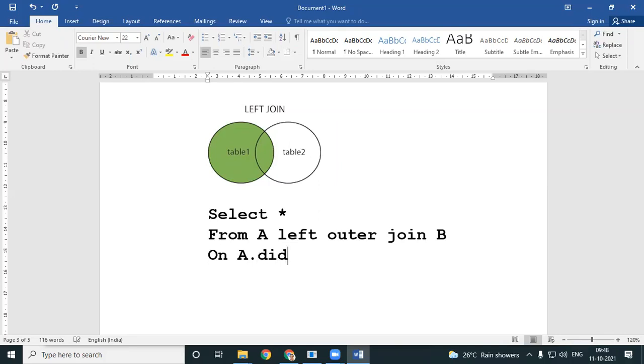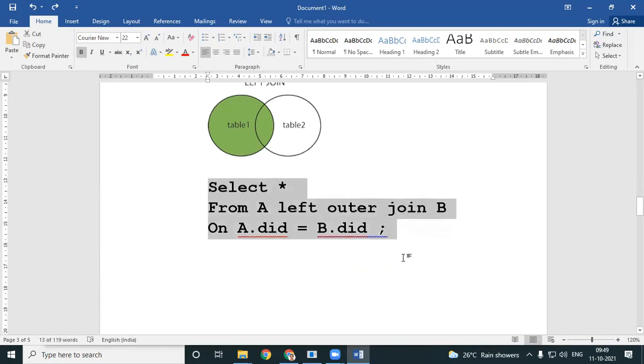A dot did is equal to B dot did. We'll do queries on a table later. So this is the syntax for left outer join. You can either write left outer join or simply left join. Both will work perfectly.